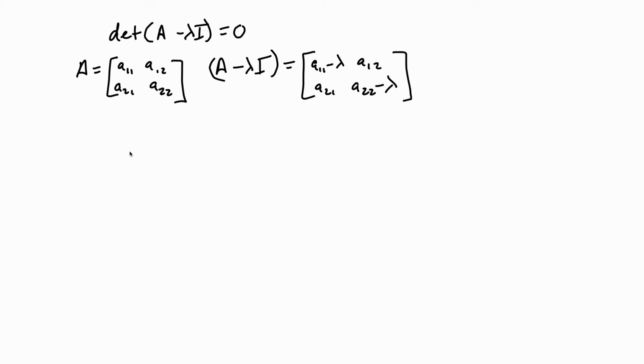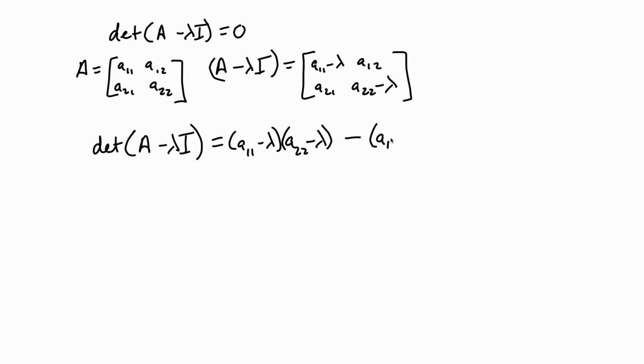Remember that the determinant of a 2 by 2 matrix is A times D minus B times C. So the determinant of A minus lambda I is going to be A11 minus lambda times A22 minus lambda, minus A12 times A21, which gives us a quadratic that looks ugly because it's full of variables, but is actually very rarely that complicated.